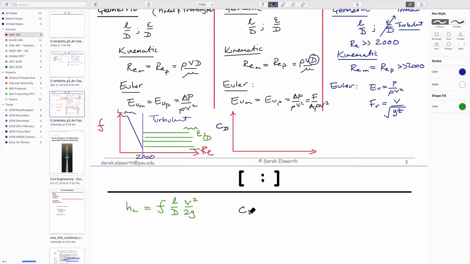And actually a coefficient of drag is exactly the same as an Euler number. And we'll find that it looks something like this. I'm just doing it simplistically as a function of Reynolds number. And so this is coefficient of drag. It's also Euler number. It's the same idea as before in that this stuff here is turbulent.